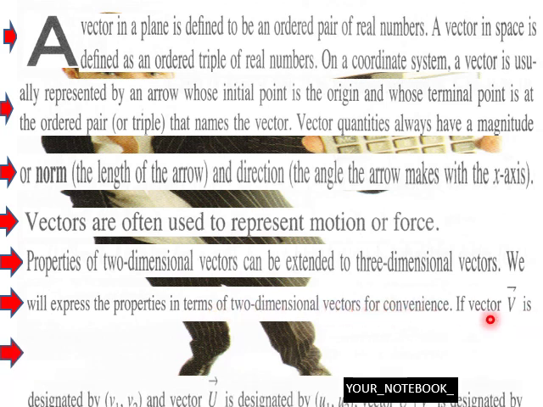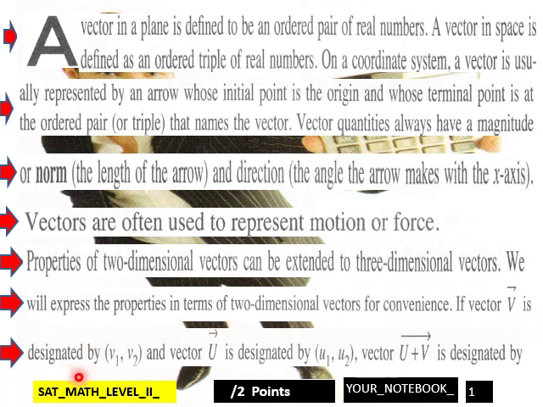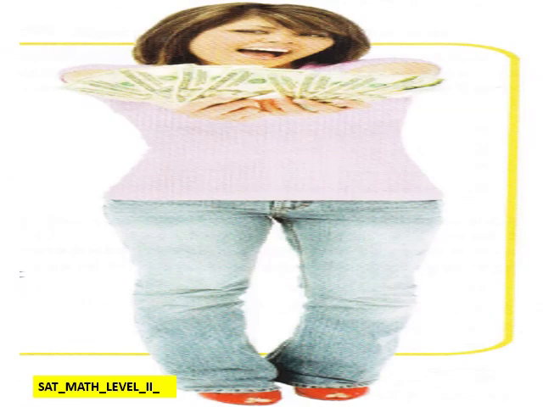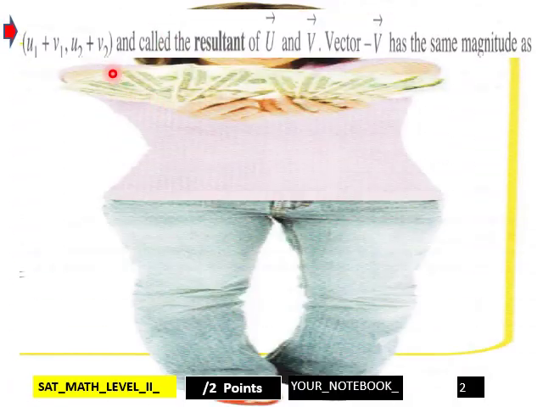If vector v is designated by v1, v2, and vector u is designated by u1, u2, vector u plus v is designated by u1 plus v1, u2 plus v2, and called the resultant of u and v.